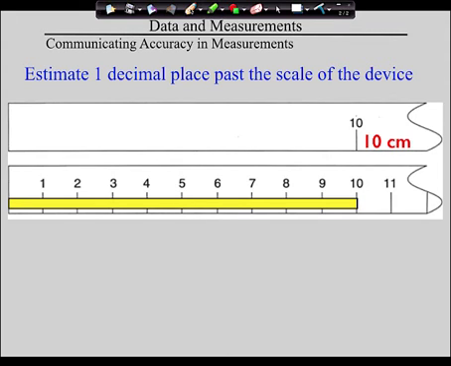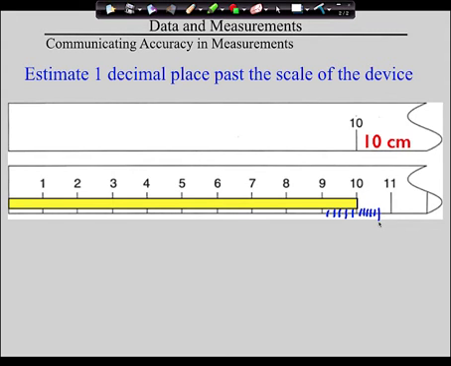Tenths of a centimeter. So here's what you do. Mentally, you are going to break this up into tenths. And now you estimate that way, and you say, is this yellow thing 9.9 centimeters long? No. Is it 10.1 centimeters long?